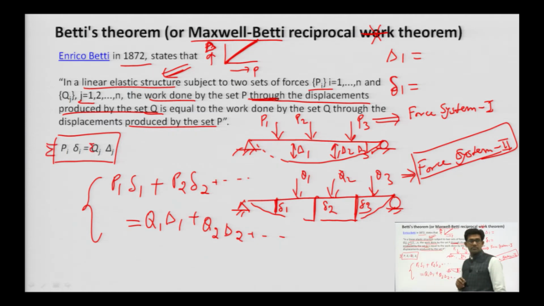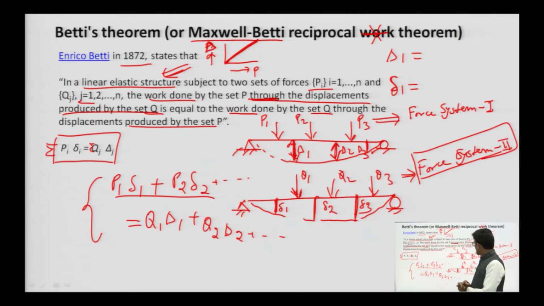So the total work done is equal to the work done by the set Q through the displacement produced by the set P, meaning Q1 multiplied by delta 1, Q2 multiplied by delta 2, Q3 multiplied by delta 3. This is the same.